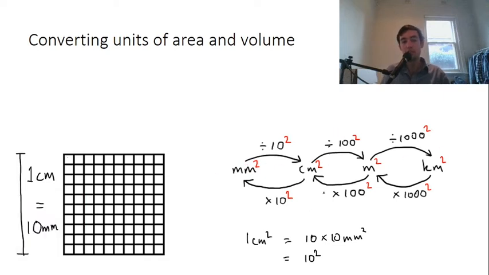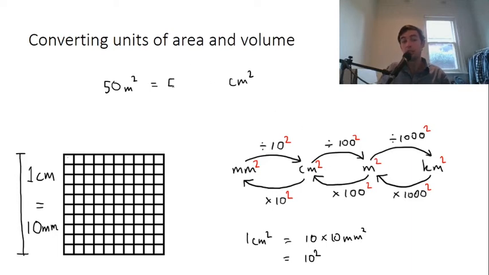Okay, so let's do an example. Let's try and work out how many centimeters squared are in 50 meters squared. So we have to convert from meters squared to centimeters squared, we have to times by 100 squared.